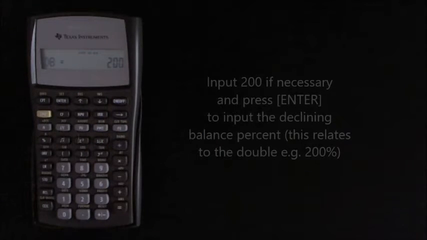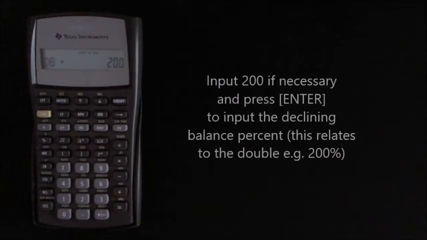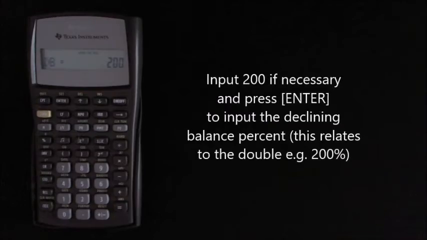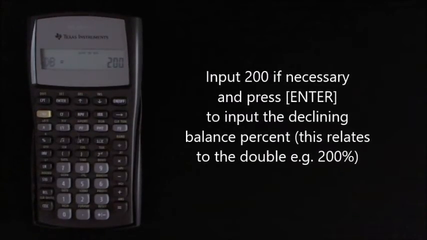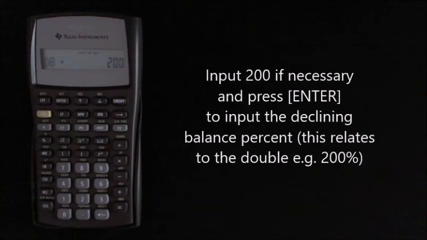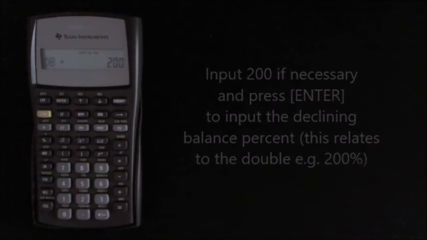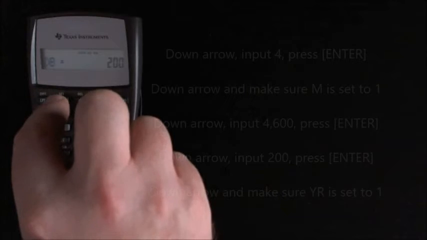Now it's already set to 200, which relates to double declining because it's 200% of the standard depreciation. If we wanted to alter that, we could, but in this example we want the 200 in there.